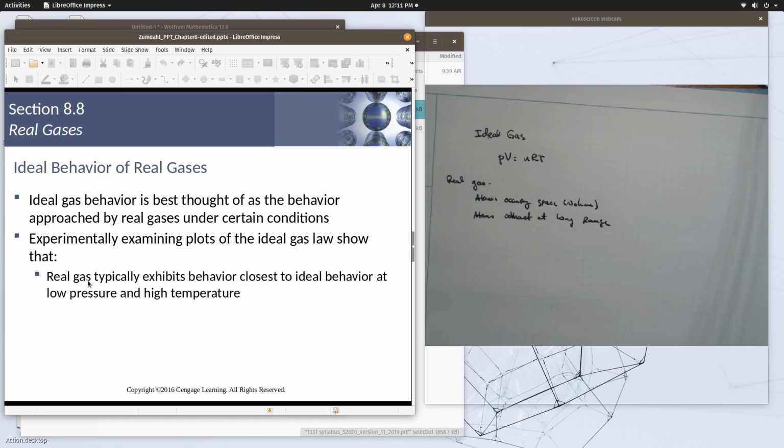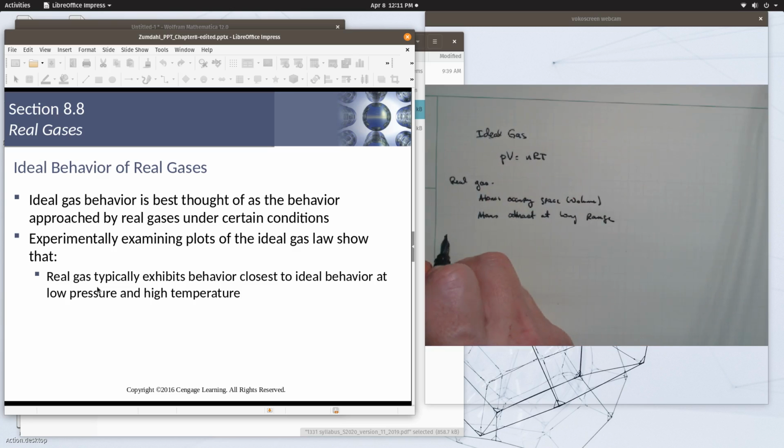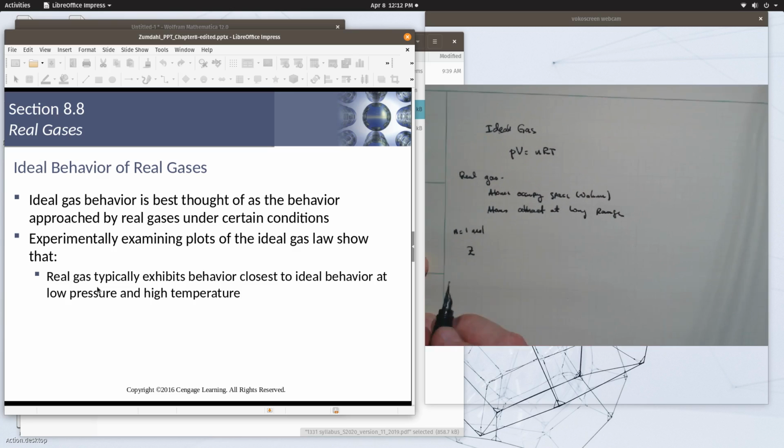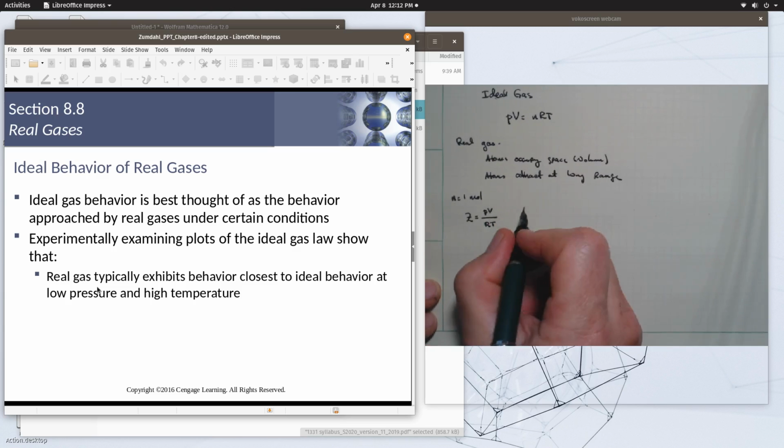So we can make a plot. Let's look at n equals 1 mole. I can define a number called the compressibility factor, Z, which is PV divided by RT. This is called the compressibility.